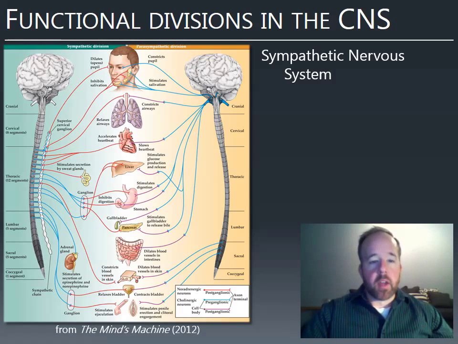So this is going to do things like open up the airways so we can get more oxygen into the lungs and into the blood. It increases heart rate, but it's not all about increasing activity. It actually inhibits things like digestion and the movement of the intestines.